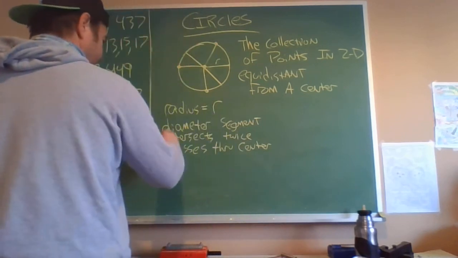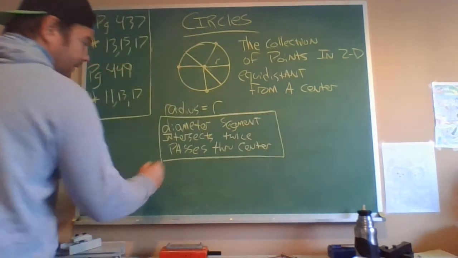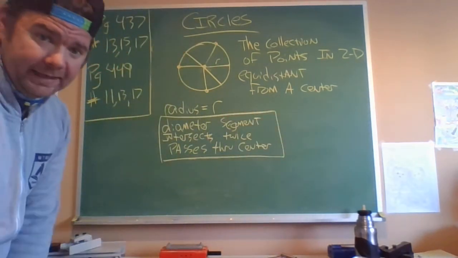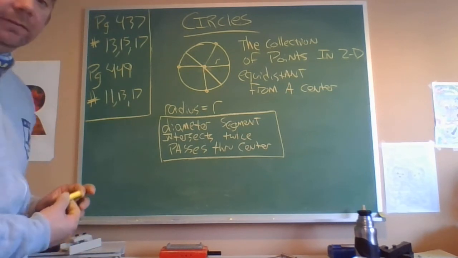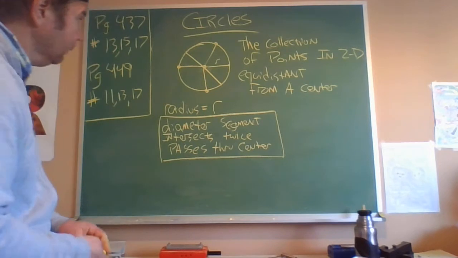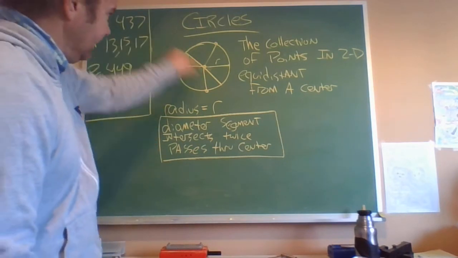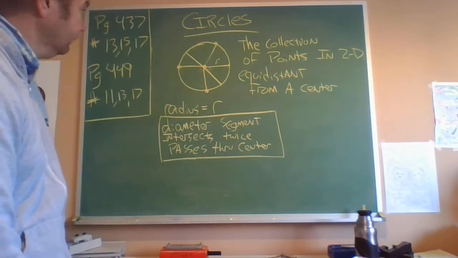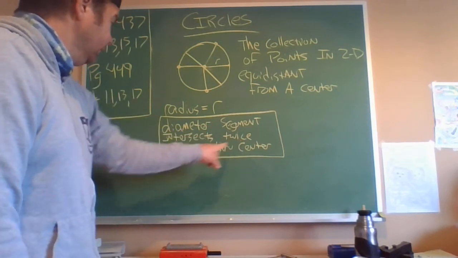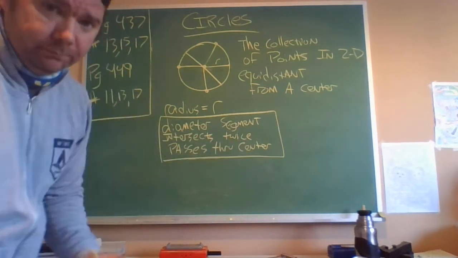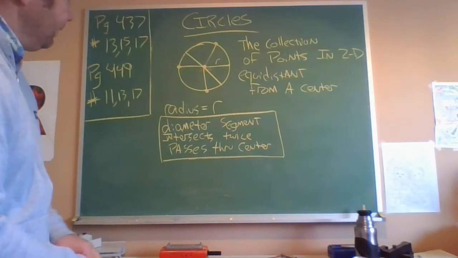I'm getting really technical with my definitions, but at some point we all have to make sure we're being as specific as possible when we're naming these things. We can't just say it's the thing that goes all the way across. That's not specific enough. It's a segment that intersects the circle twice and passes through the center. Doesn't get any more specific than that.